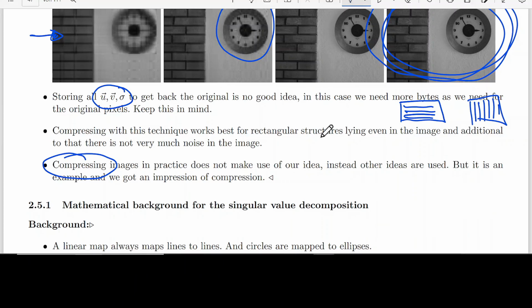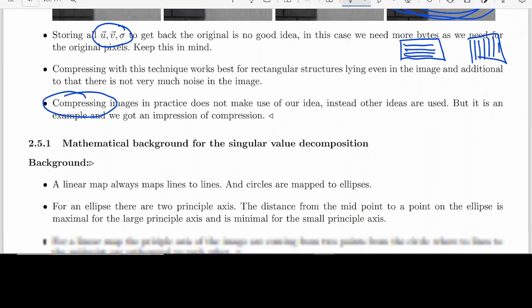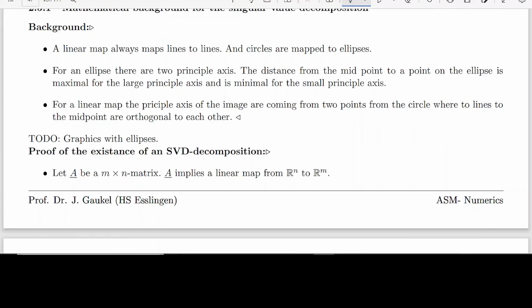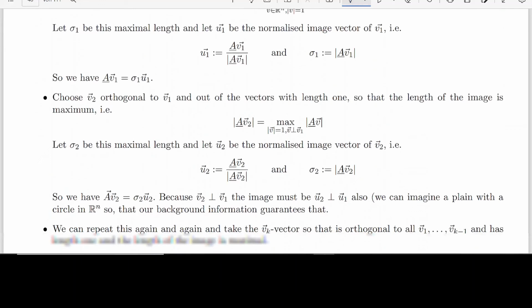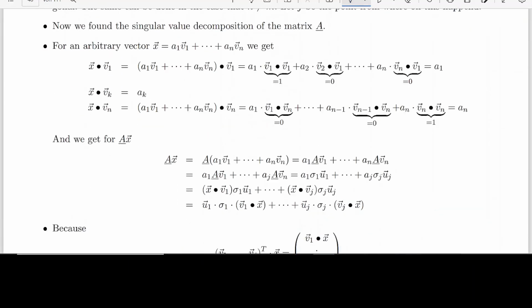And as I said, we don't try to understand how MATLAB or Octave does the decomposition. What is the technique behind that? In my script, there is some mathematical background, and from it I can prove that there is always an SVD decomposition and that it's more or less unique. But I don't want to go into these details.